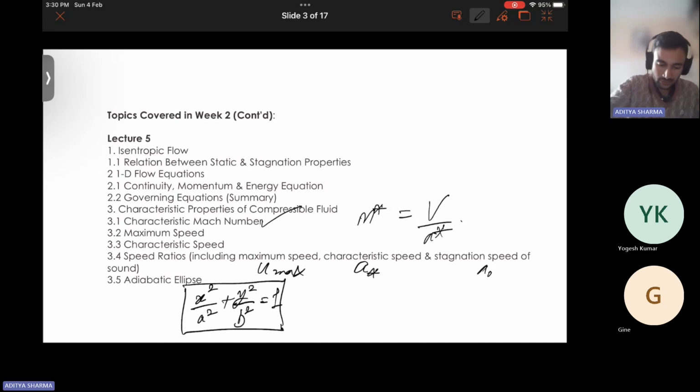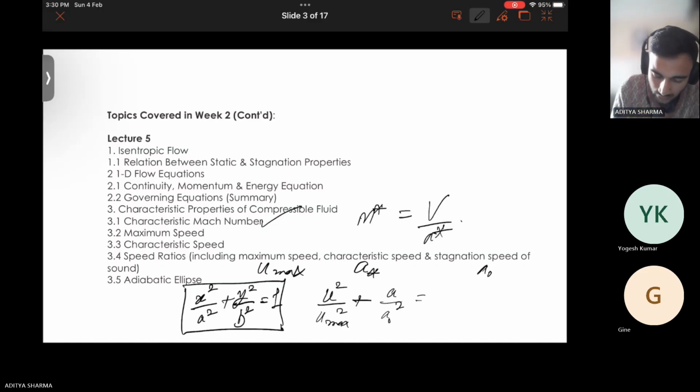Related to that, we have this adiabatic ellipse for compressible flows, which is nothing but (u by u max) squared plus (a by a naught) squared equals 1.